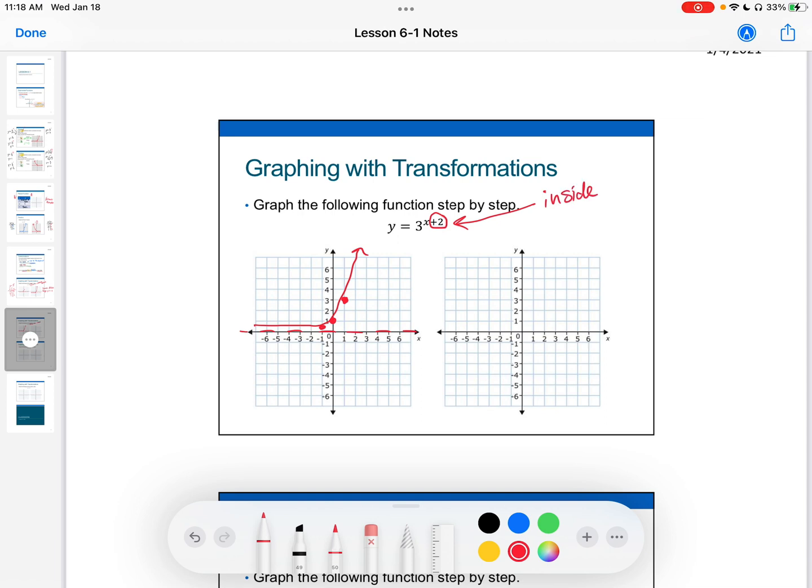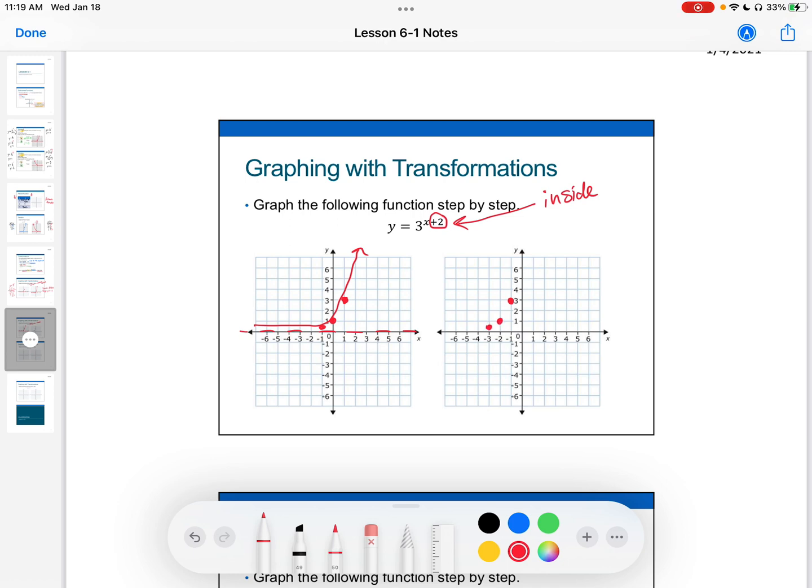This is an example of what it looks like on the inside. Now remember, +2 makes us think we're going to the right 2, but we always do the opposite on the inside. Sorry. It looks like it goes to the right, but it's going to go to the left. So we go to the left 2 spots.